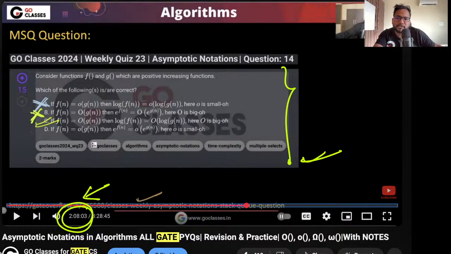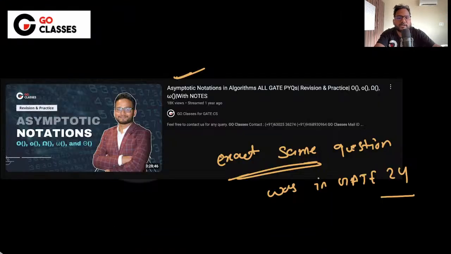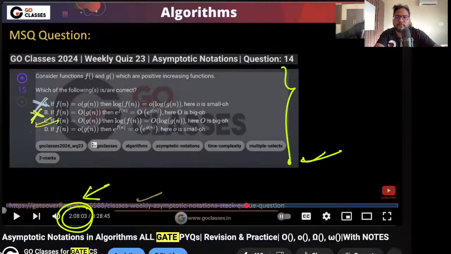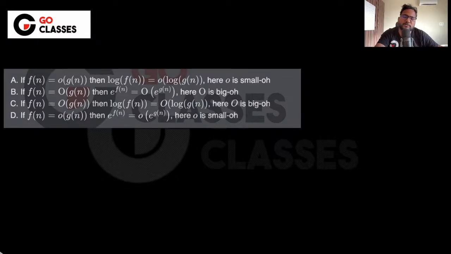So what this question is saying, let's just see this. This question is saying that if you have two functions which are positive increasing functions, because for the negative functions generally there are too many arguments, so that's why I don't want to get into this. That's why I said these are the normal functions, I mean the algorithmic functions. Algorithmic functions means you always have time complexity obviously greater than 0.